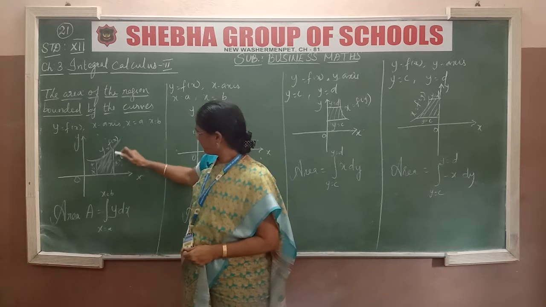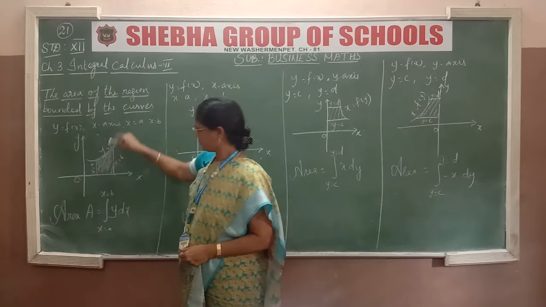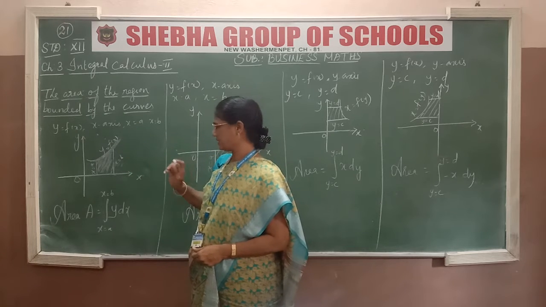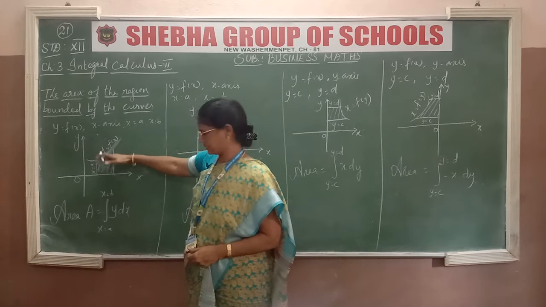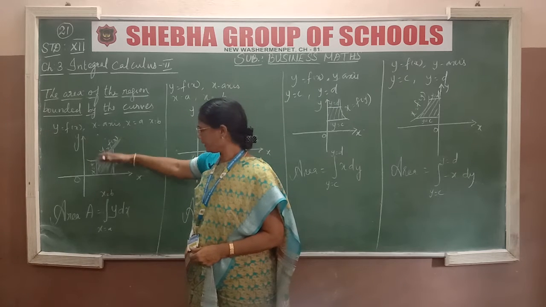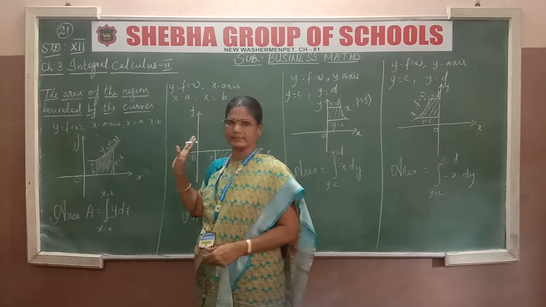Listen, the curve is y is equal to f of x and the area lies above the x-axis. In this case, our area is y into dx.